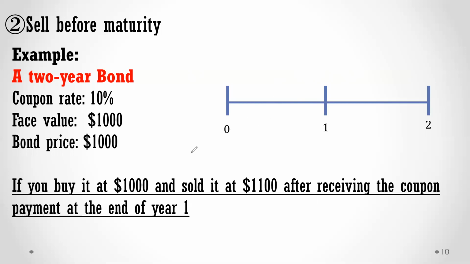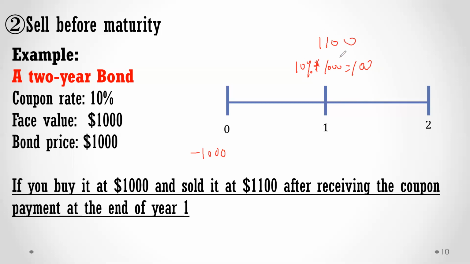So at time 0, you pay 1,000 US dollars to get a bond. And at the end of year one, you get your first coupon payment, which is 10% times 1,000. It's the same as the previous line. So you get a 100 coupon payment. And after receiving the coupon, you sell the bond at a price of 1,100.